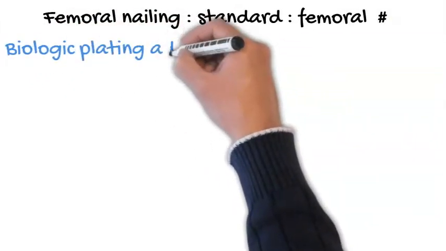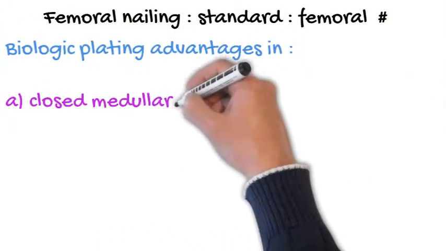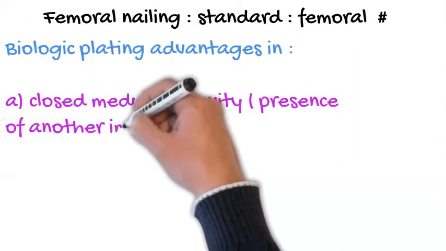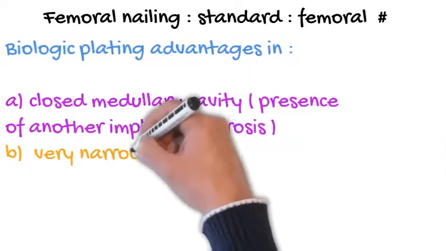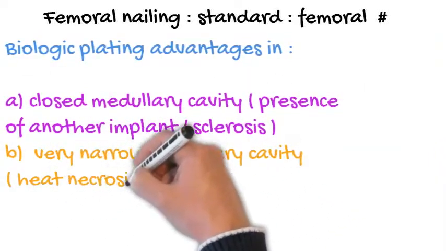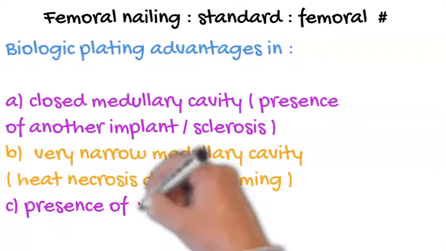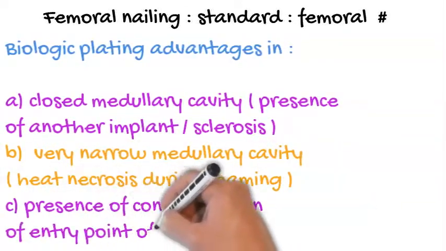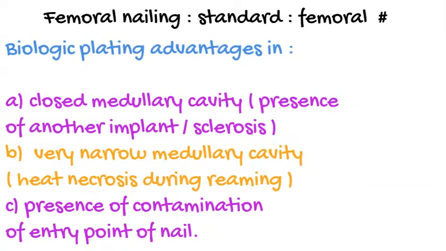Even though femoral nailing is a standard management for femoral fracture, there are certain conditions whereby biologic plating might be advantageous. For example: A. Closed medullary cavity, because there is a presence of another implant, or sclerosis of the medullary cavity. B. Very narrow medullary cavity, which can cause heat necrosis during reaming.